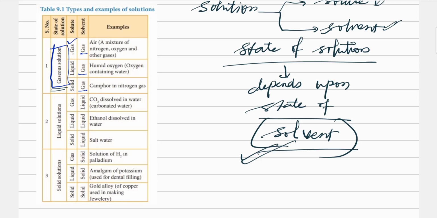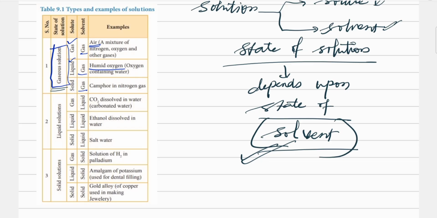If gas solute is present in gas solvent, the example is air, and we are talking about pure air in which nitrogen, oxygen and other gases are mixed together. If solute is liquid but solvent is gas, then it is humid oxygen, oxygen containing water.